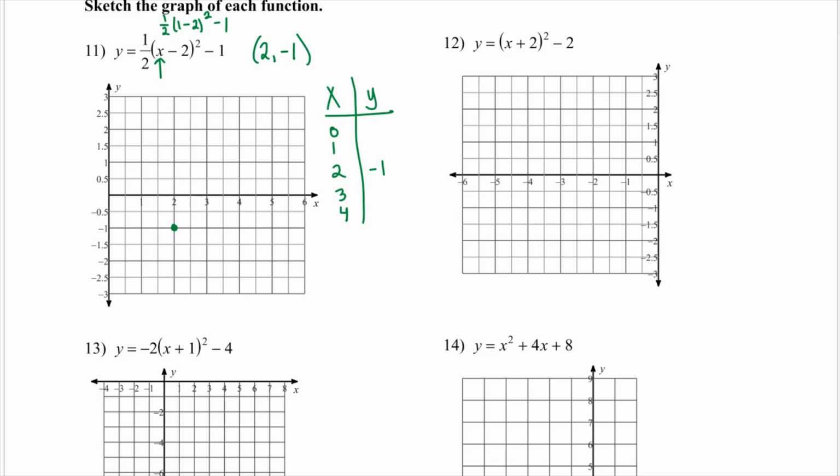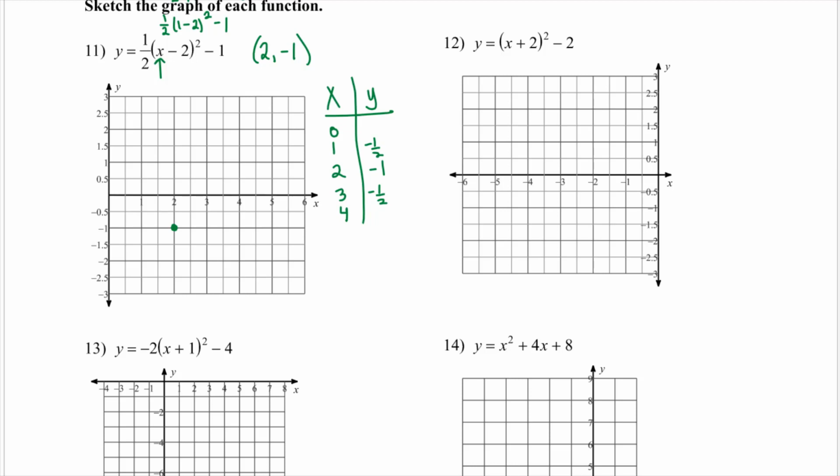We'd start with parentheses. 1 - 2 is -1, and then I need to do the exponent. -1 squared is 1. And then I do multiplication. 1/2 times 1 is a half. And then a half minus 1 is -1/2. And that's going to be both of the 2 things that are closest to it.